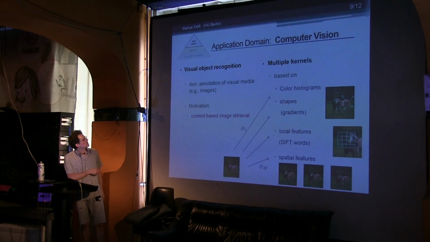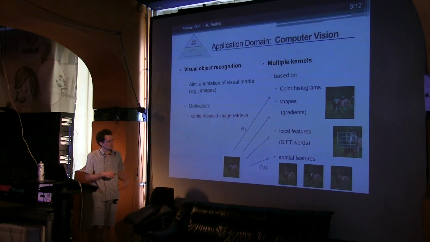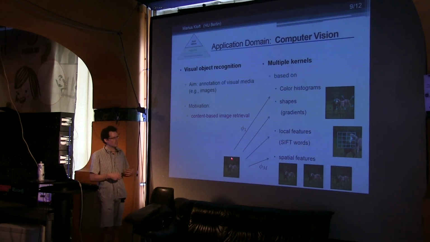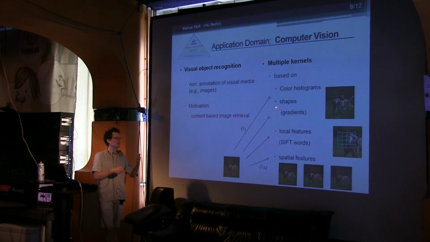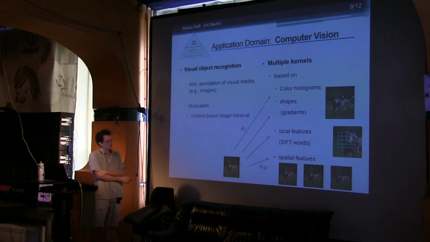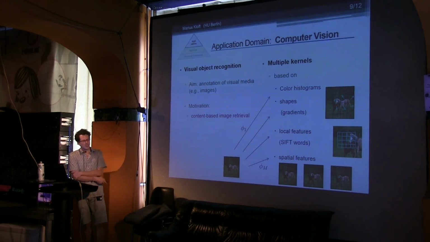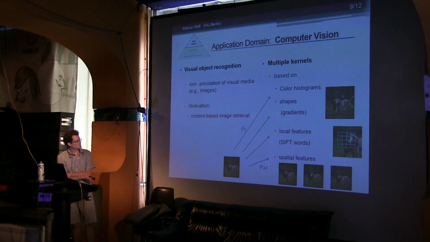And we generate a couple of kernels from images, capturing the color distribution, capturing the shapes of the images and local features. You try to find key words in the image, key points in the image, and all these kinds of things lead to a bunch of kernels.